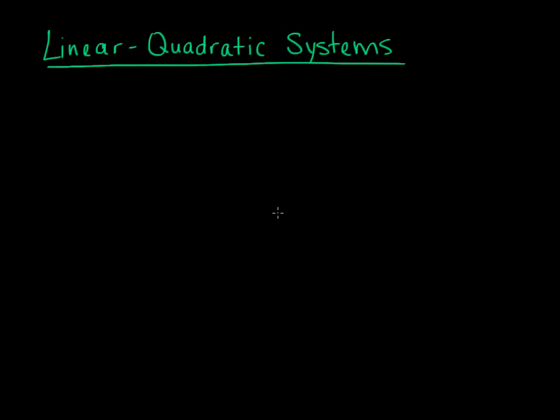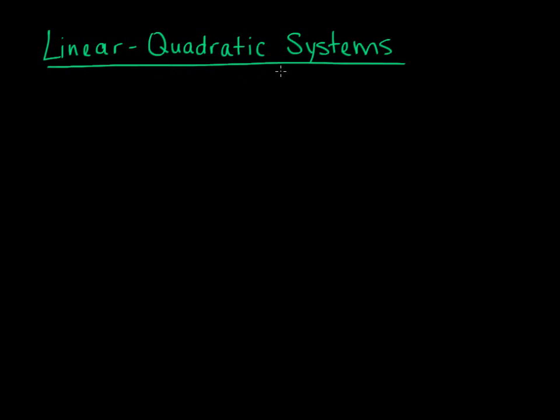In grade 10, you learned that to find the solution to a linear system, you had to find the point of intersection between two linear equations. Now, in grade 11, we talk about linear quadratic systems. A linear quadratic system is a system of equations where one of the equations is linear and the other equation is quadratic.